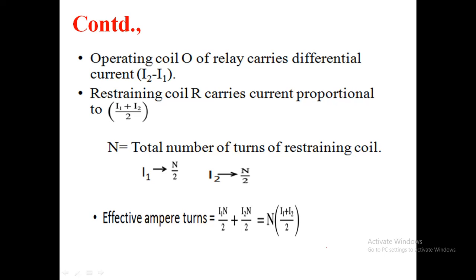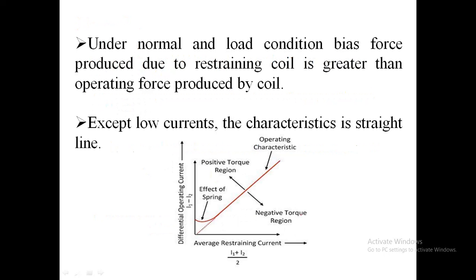N is the total number of turns of the restraining coil, with I1 carried by N by 2 turns and I2 by N by 2 turns. So the effective ampere turns are I1 N by 2 plus I2 N by 2; N is common, so it is N times I1 plus I2 by 2.